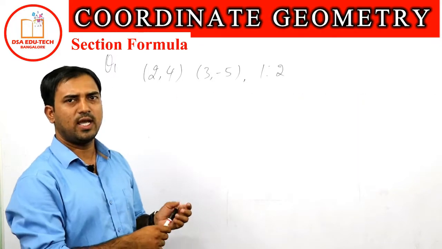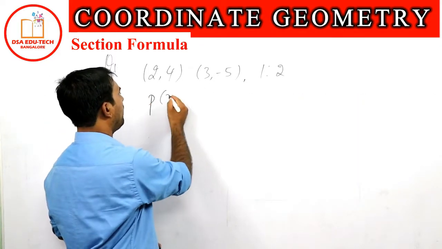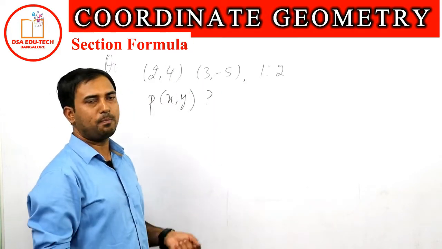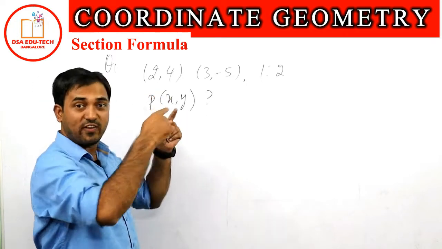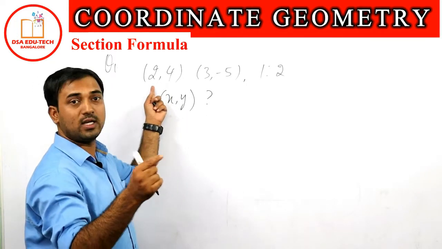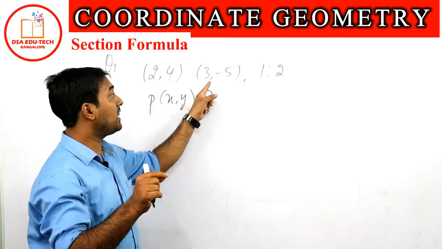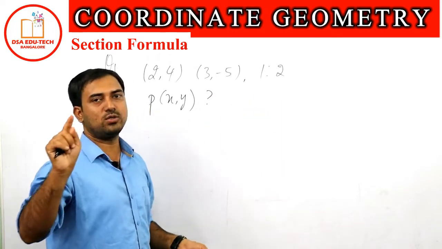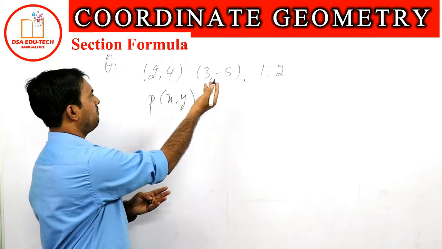It says find the coordinate of the point. What is the coordinate of the point? P of (x, y) is the coordinate of the point.